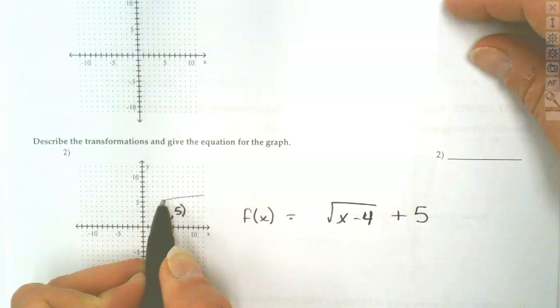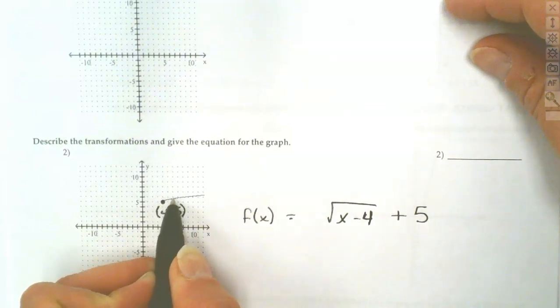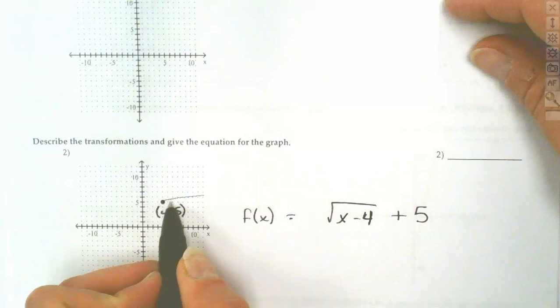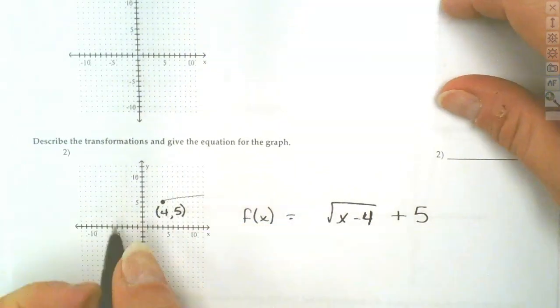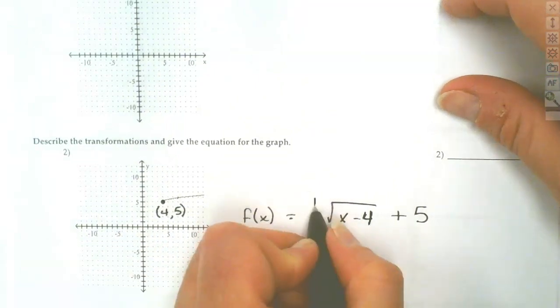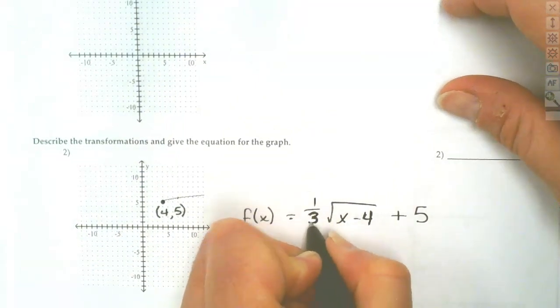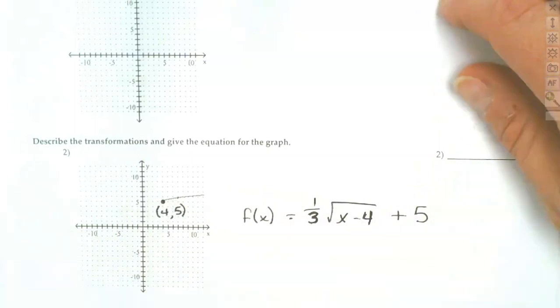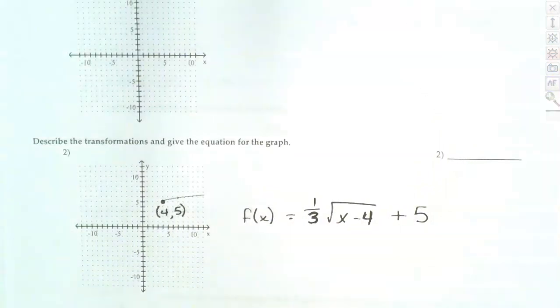It looks really small, so it looks like it's about up 1 and over about 3. So that would be a 1/3 in front, because you have to go up about 1 and over about 3. So it would be about a third, a fourth, somewhere in that range.